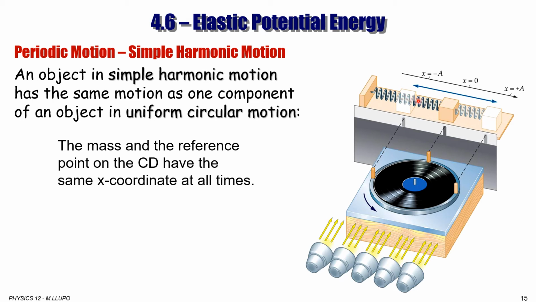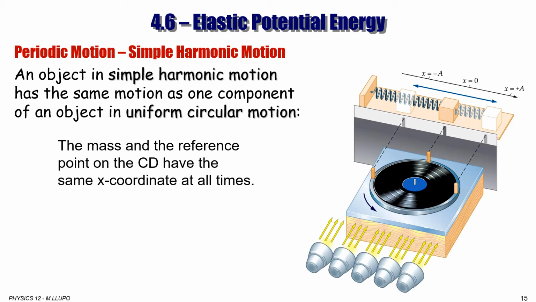Then it moves back toward the rest position, giving maximum kinetic energy at this point when elastic energy is zero because displacement is zero. This energy transformation goes back and forth in what we call simple harmonic motion.